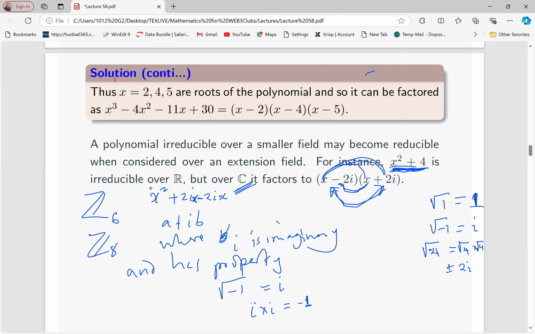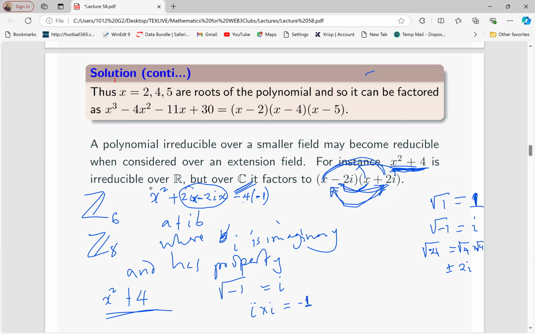Then -2i times that positive 2i will be -4i squared, but i times i is -1, so -2 times 2 is -4 times -1, which gives 4. The 2ix terms cancel to 0 because they are the same. We are left with x squared plus 4.